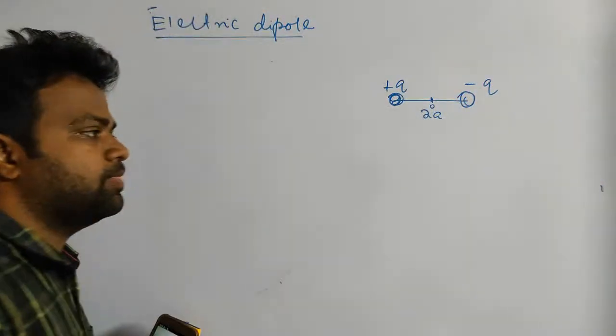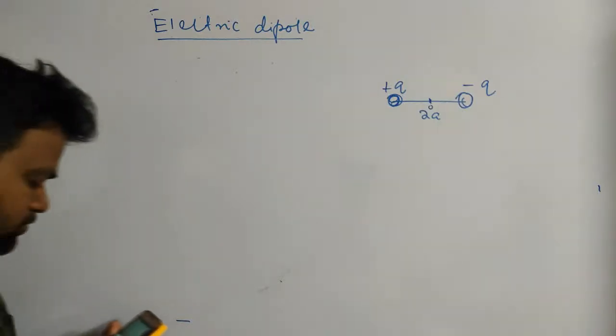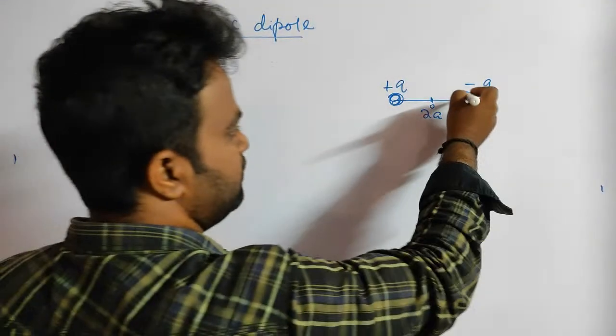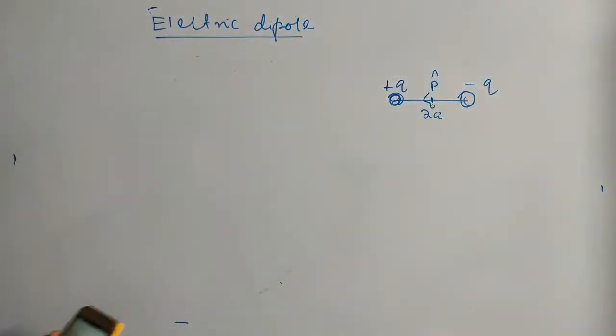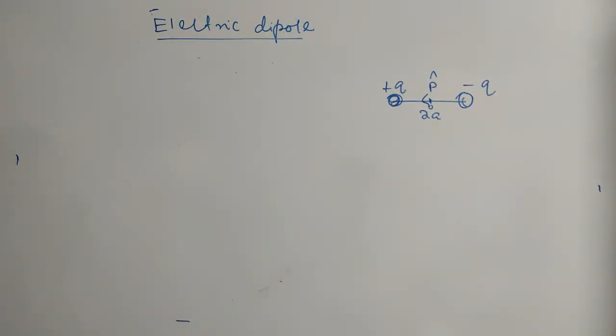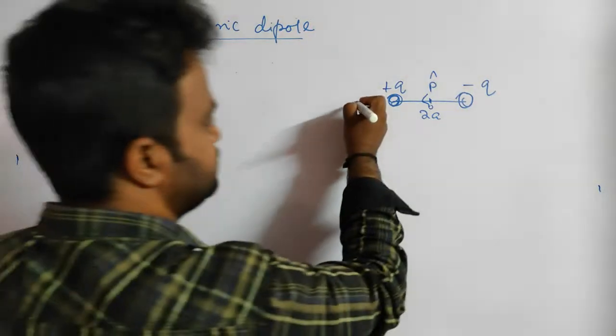Remember that the direction of the dipole is from negative to positive, by convention, and we represent it with p cap. So this is your axis of the dipole.